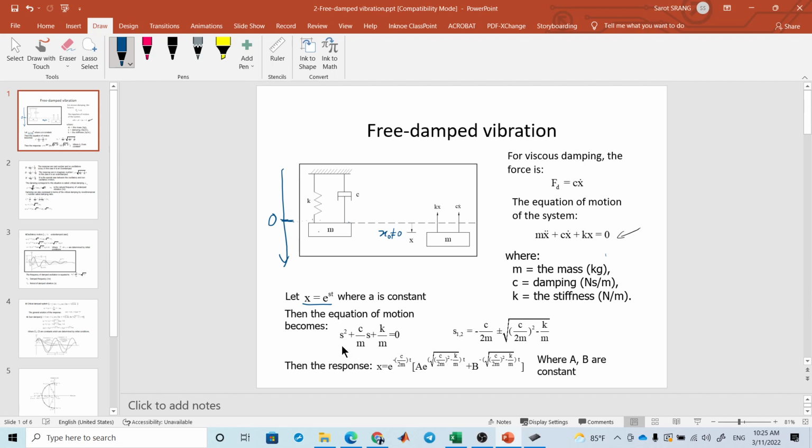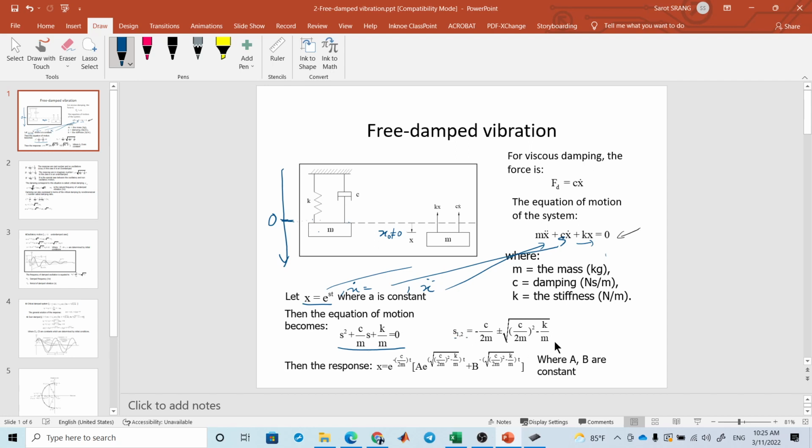Then you get the characteristic equation after you substitute h, h dot, and h double dot. Once you have the characteristic equation, you can find its roots. The roots use delta, and then you find s1 and s2.